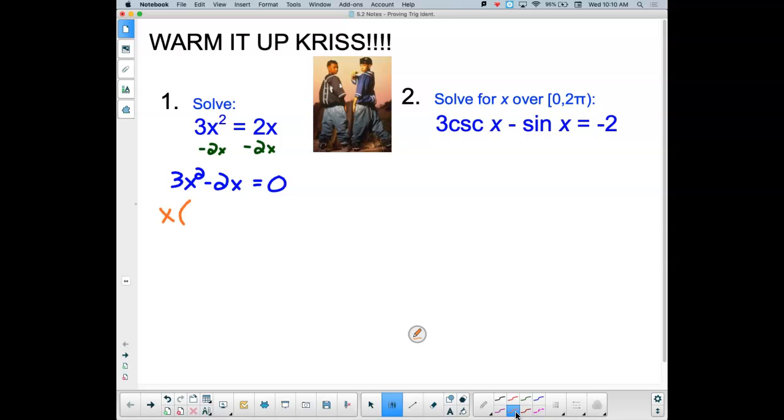If I factor out an x, then I'm left with 3x minus 2, and that is equal to 0. Then once it's factored, you can set your factors each equal to 0 and solve each one of those.